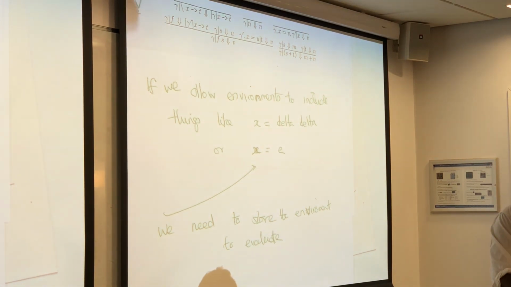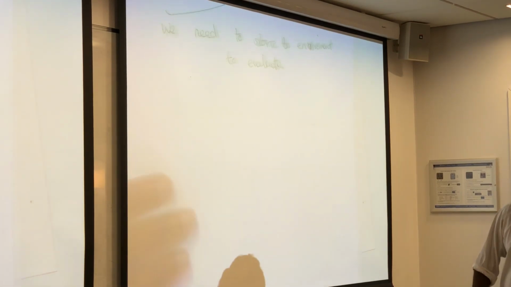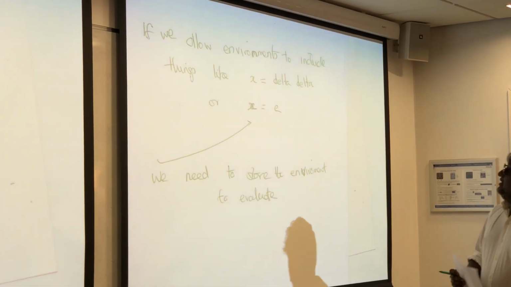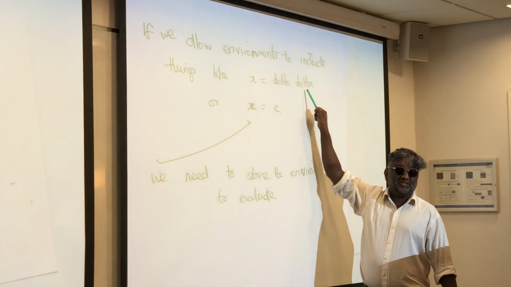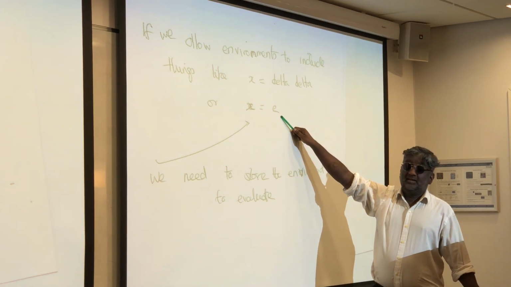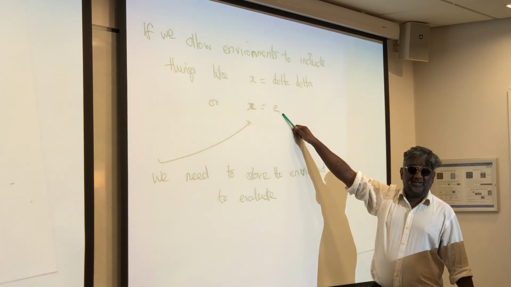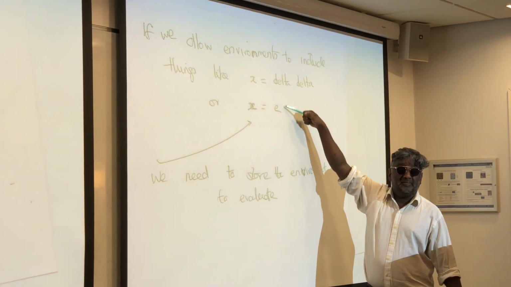So what we've just been saying is, if we want to put in our environments not just x equals values, but x equals arbitrary computations, some arbitrary e, then when we come to find out what x is, we'll need to know what the value of this is, and these contain three variables.